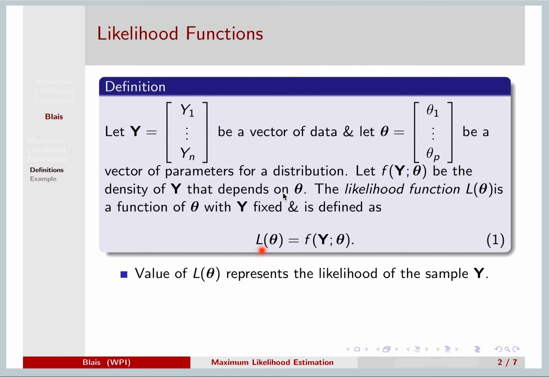And we define our likelihood function as the density evaluated at the observation points in y, with theta, the parameters for your probability distribution, being the unknown, the independent variable. So you can think of this likelihood function as, it's aptly named, the likelihood of the sample y.